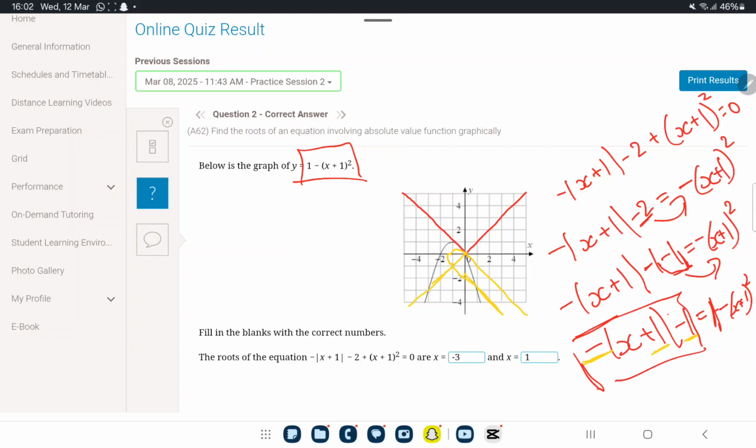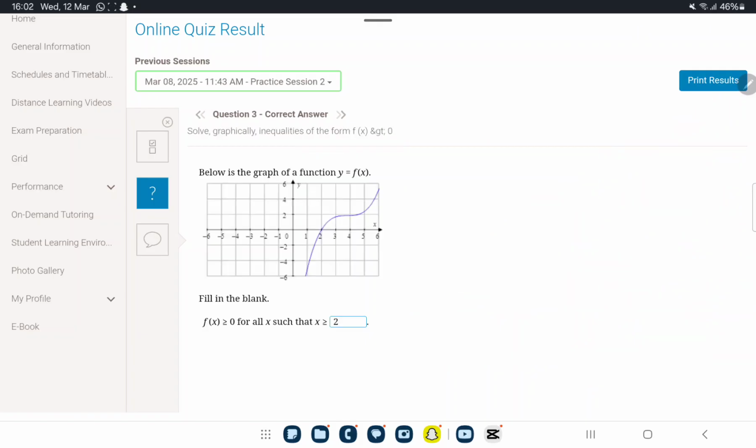So this function intersects at x minus 3 and x 1. Here they're asking for values in which this function has values greater than or equal to 0. So it goes up at x greater than or equal to 2.